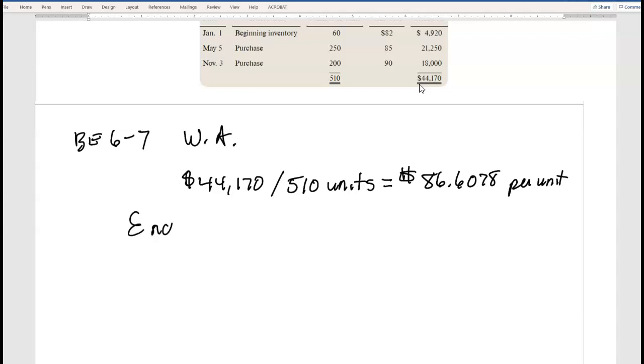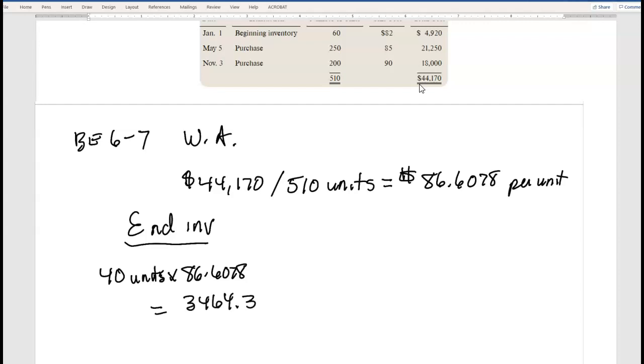Ending inventory, 40 units still. 40 units times 86.6078 equals 3,464.31.